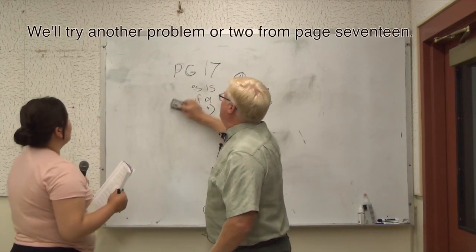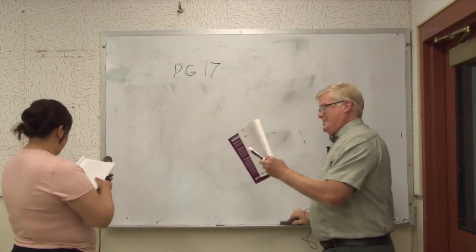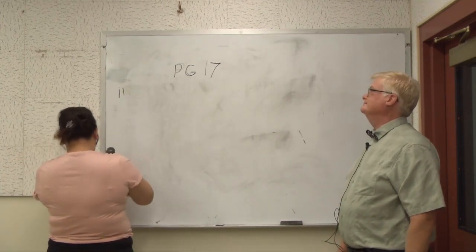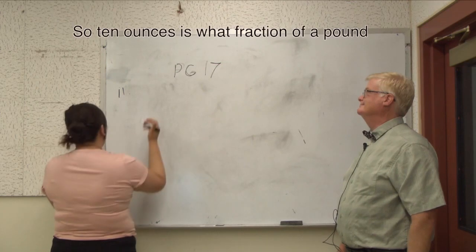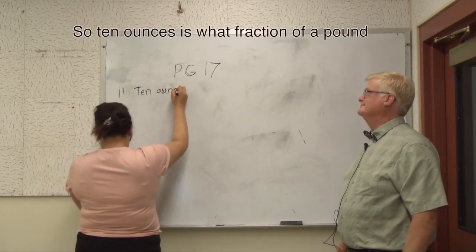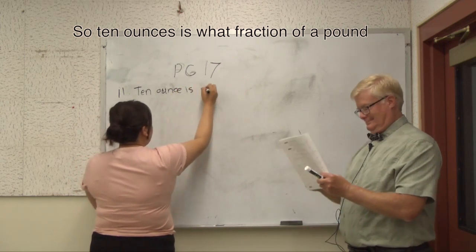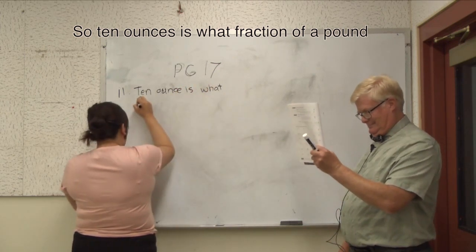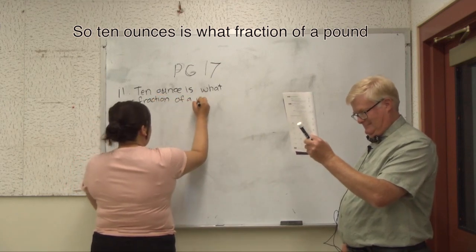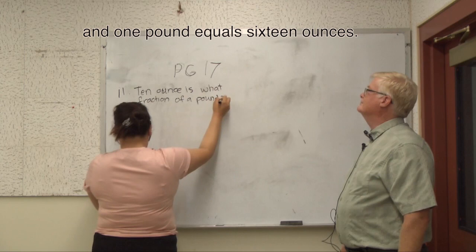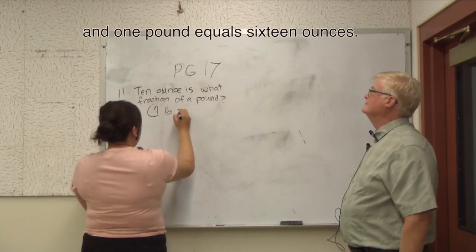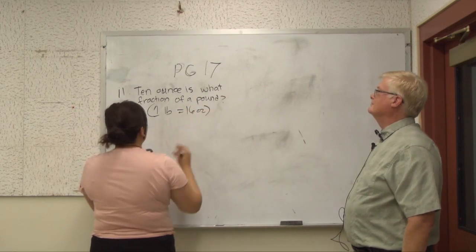We'll try another problem or two from page 17. How about number 11? 10 ounces is what fraction of a pound, and 1 pound equals 16 ounces.